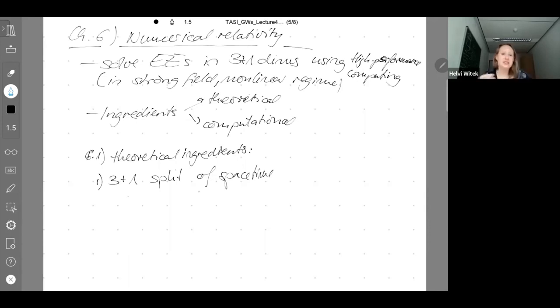So as I said, the first thing that we would do is this space-time split of our space-time. That is the foliation. Yeah, and this is really along the lines of ADM.